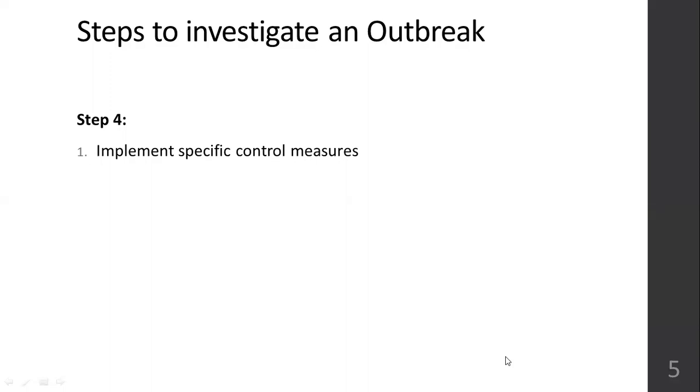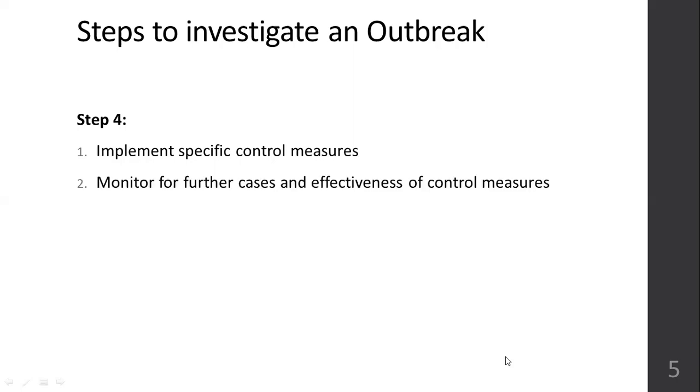Once you know exactly what the route of transmission is, you don't have to use all the PPE. You just have to use specific control measures, because you will understand whether this outbreak is direct contact based, droplet, or airborne. Based on that, specific control measures can be implemented without wasting resources.